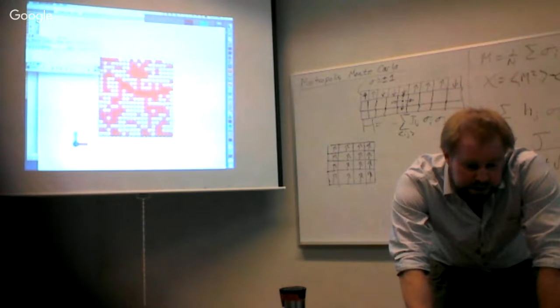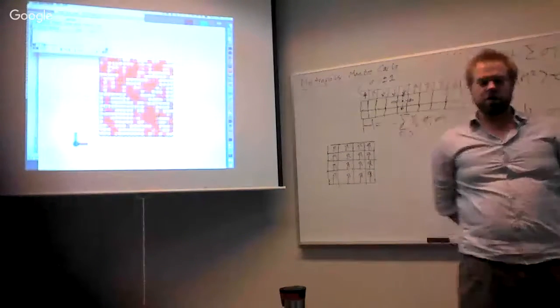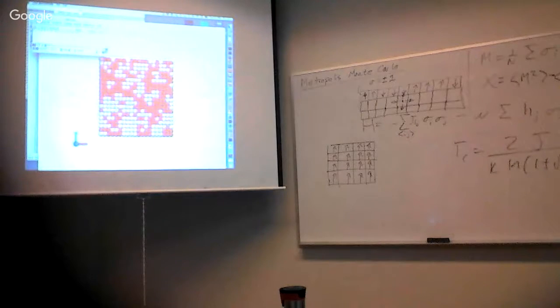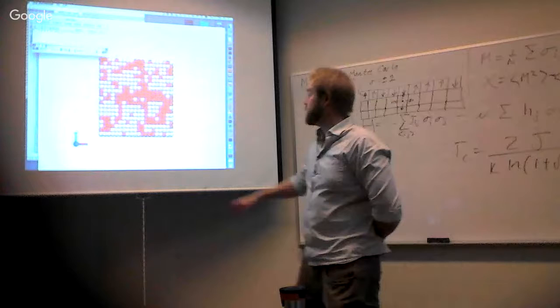So yeah, this is predictable, what this is going to look like. But it looks more or less like a random scenario. We're not at super high T, so we still probably can define some kind of domain size here, but it's starting to look pretty random.